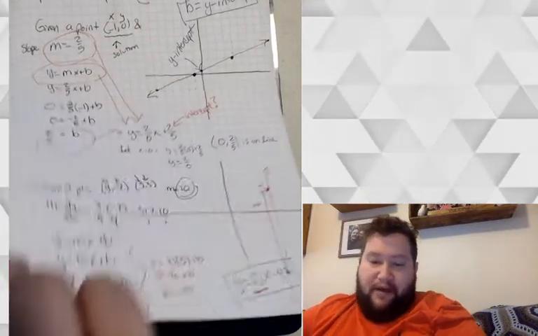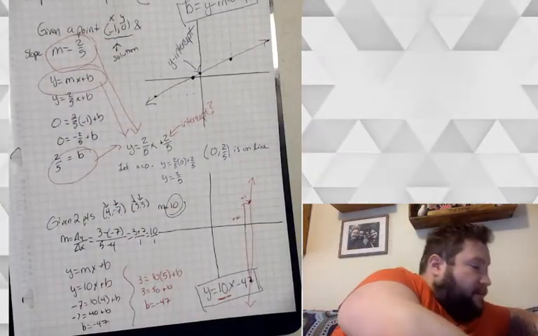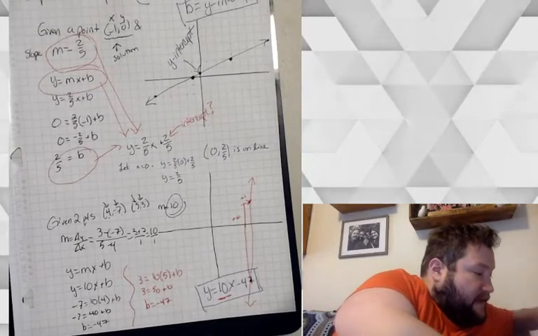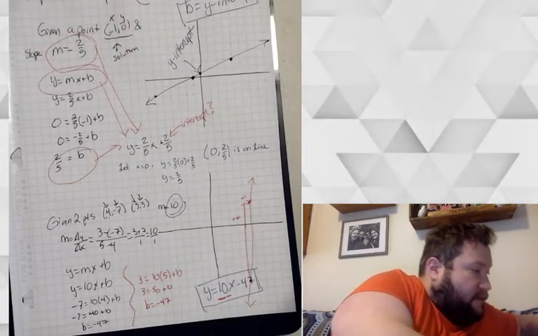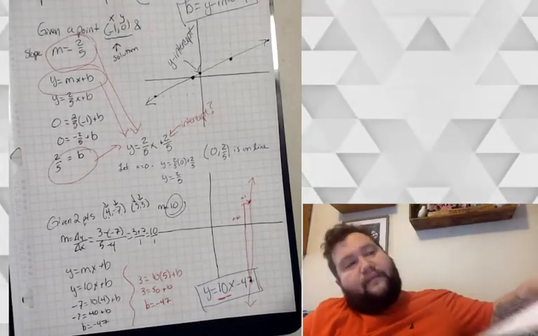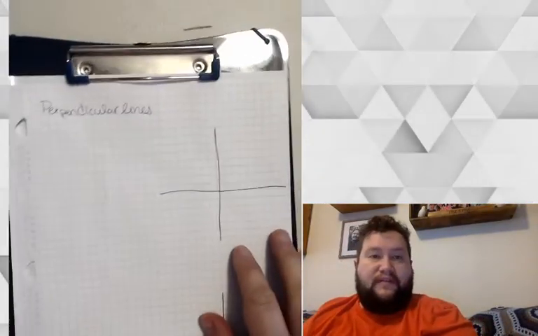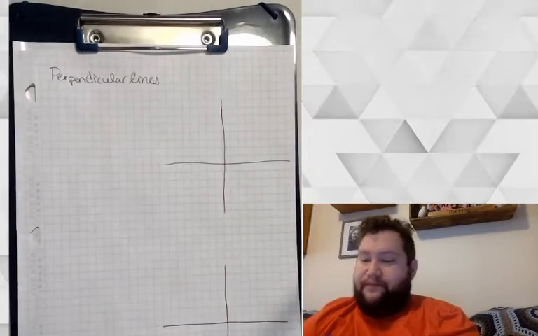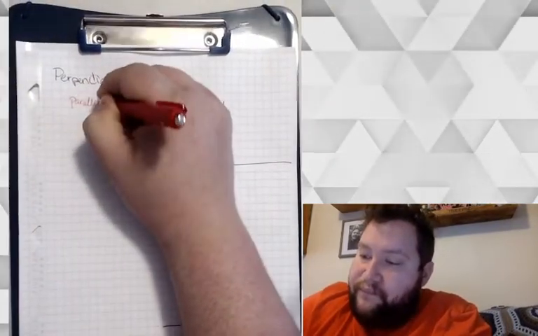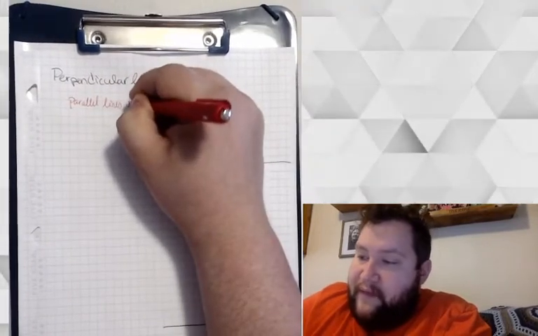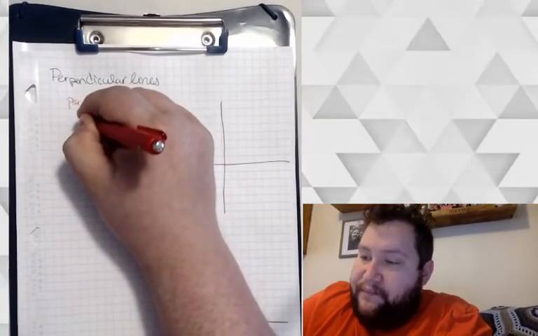All right, now I promised we would go back and look at perpendicular lines. And the reason I did that is because I thought it would be worthwhile to do a little bit more with our equations before we went through. So remember, parallel lines have same slope.